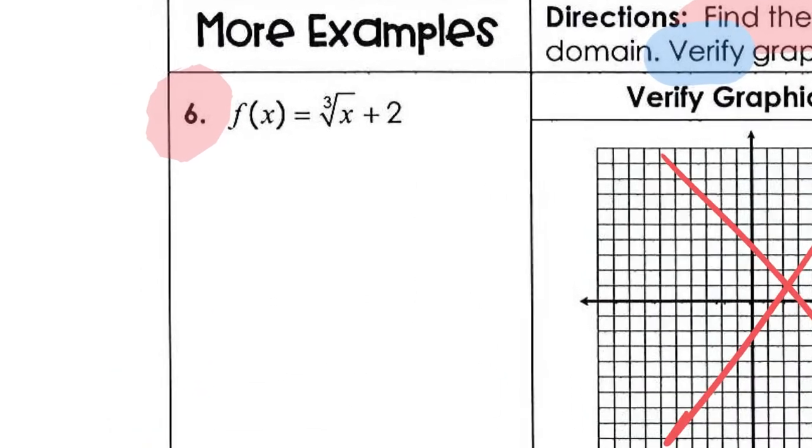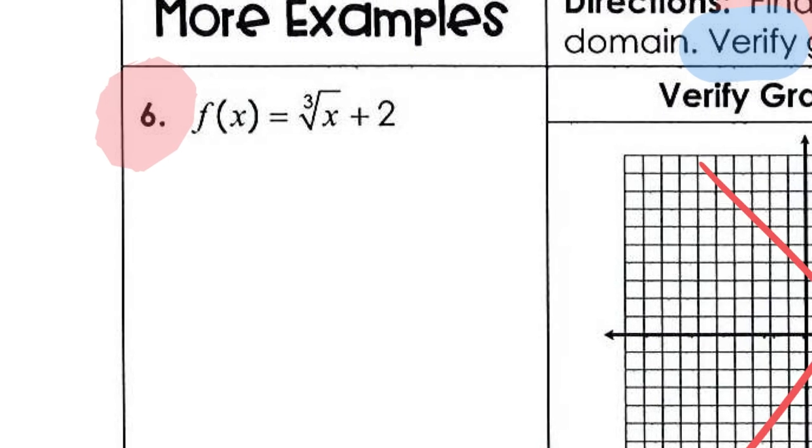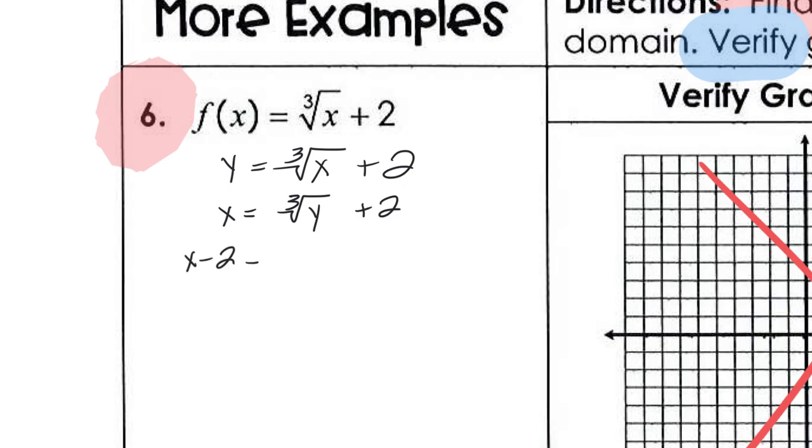If I have to find the inverse, the first thing I'm going to do is rewrite this to include my y value. Inverse means that x and y switch places, and then solve for y. In order to get y by itself, I'm going to have to subtract 2 from both sides.